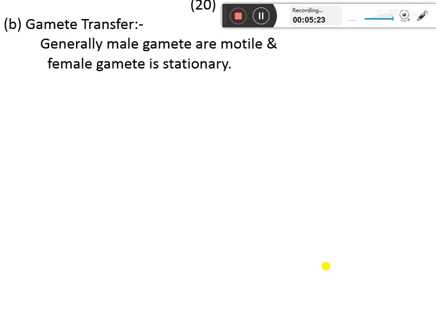Since male gametes are transferred from the male organism to the female organism, the number of male gametes is quite large. It is because during transportation, most of the male gametes are lost and are not able to reach the female gamete.